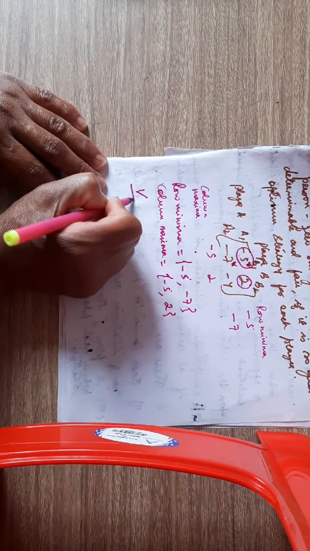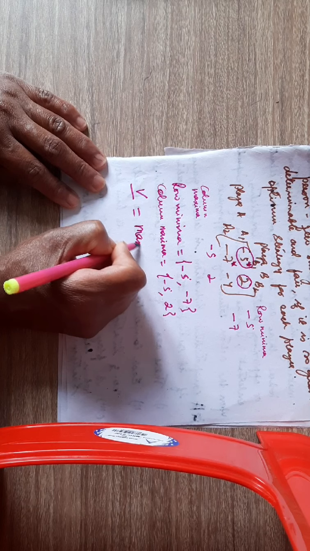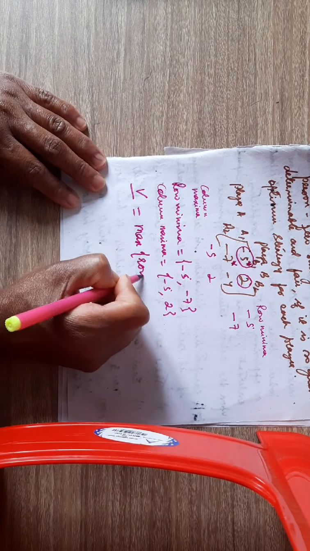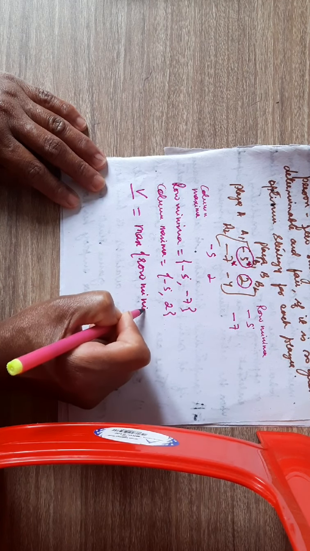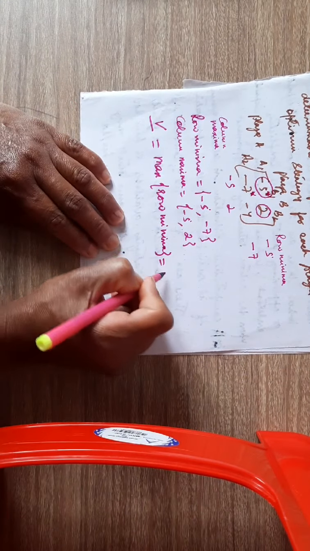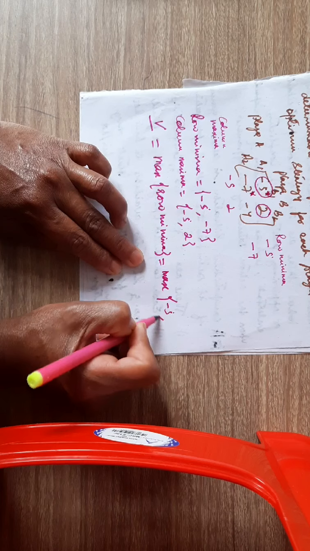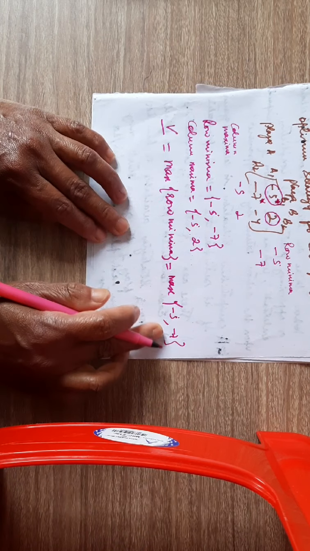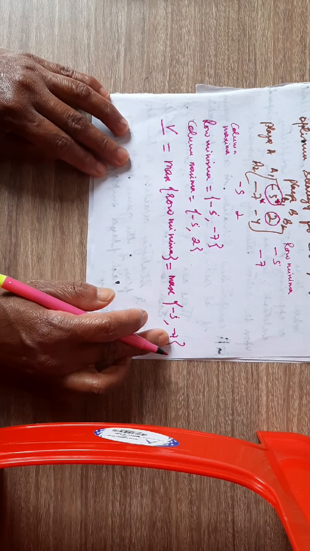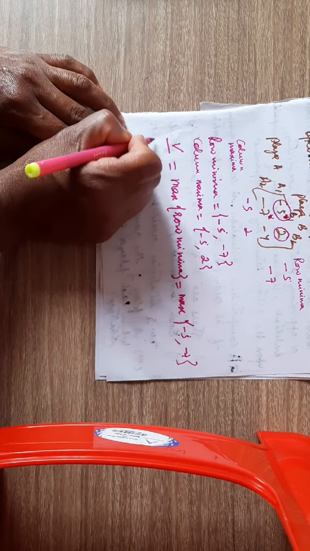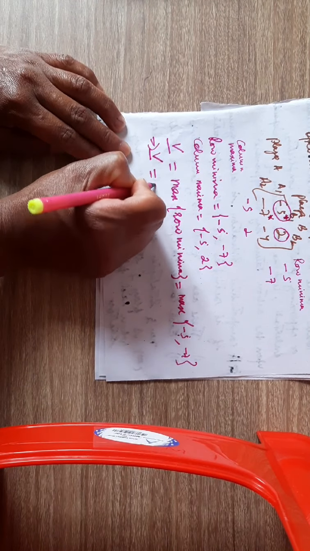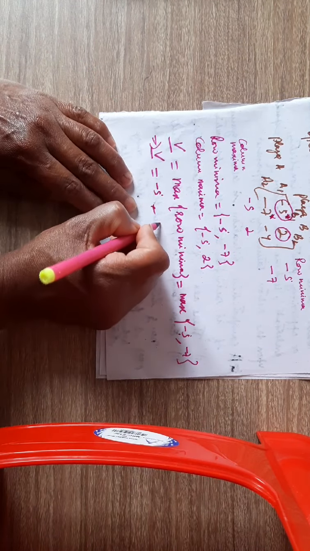Now what is V lower bar? V lower bar is the maximum of the row minima, which is the maximum of -5 and -7. What is the maximum value of -5 and -7? It is -5. So V lower bar is equal to -5. And what is V upper bar?